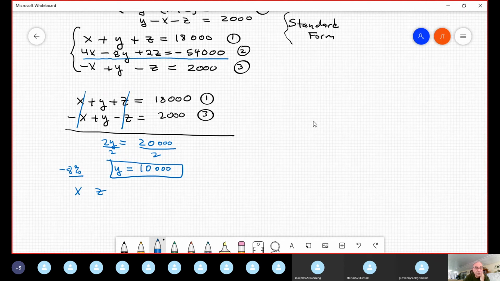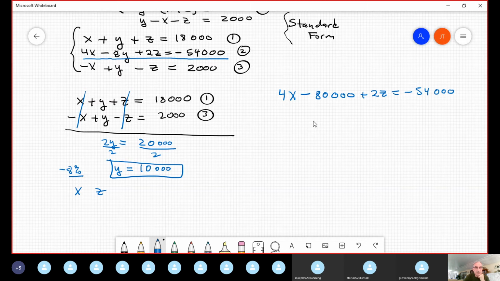So I copy 4x minus, but I know that y is 10,000, so multiplication by 8 is 80,000, plus 2z equals negative 54,000.